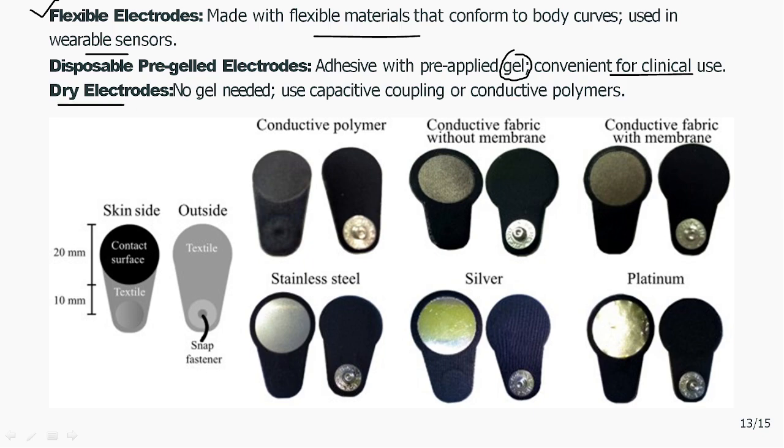Then dry electrodes, where there is no need for gels. They actually use the concept of capacitive coupling or conductive polymers. So here you have conductive fabric, membranes, stainless steel, all these are some of the pictures of these different types of electrodes.